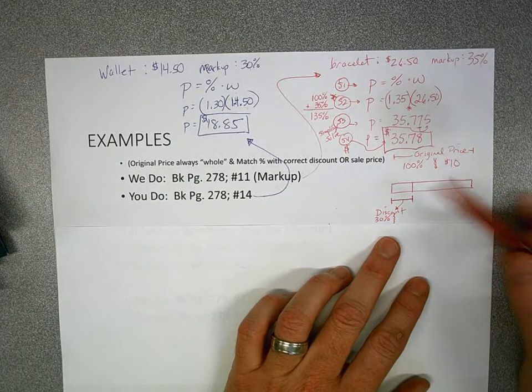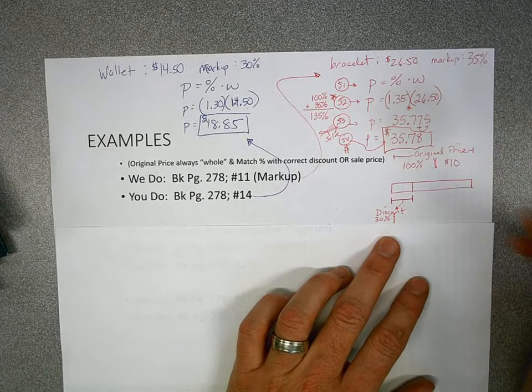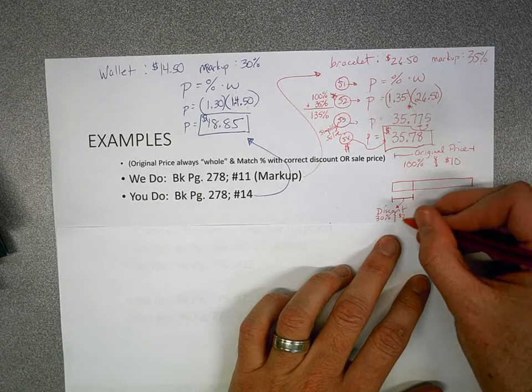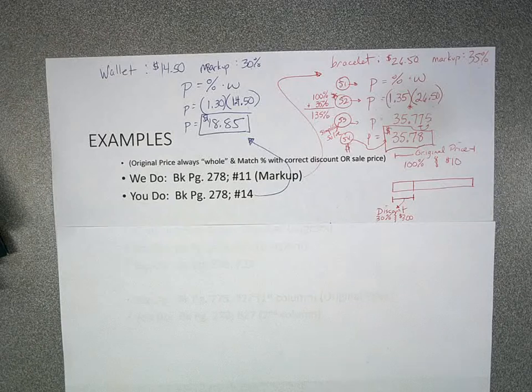What is 30% of the $10? How much would that be? It's $3. Our discount is 30%, and it's $3. Three things that it's referred to: discount, and in this story, 30% and $3.